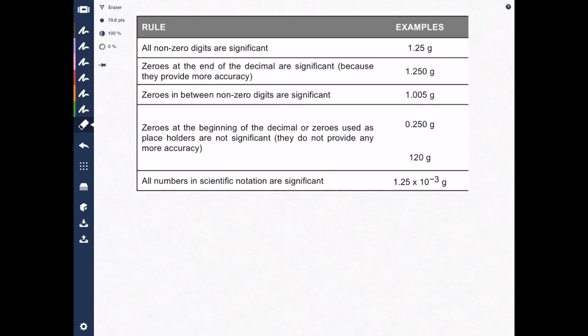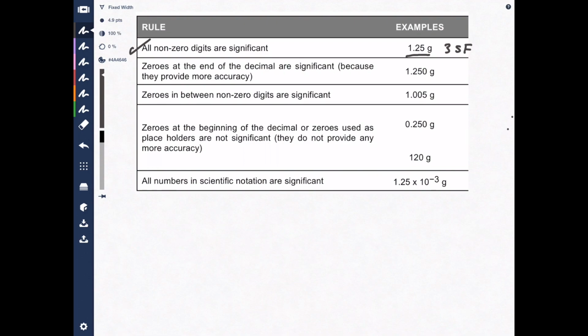Rule number one is if you have a measurement and all of the numbers in that measurement are not zero, every number is considered to be significant. So in this number, 1.25 grams, that is 3 significant figures because all 3 numbers are measured.